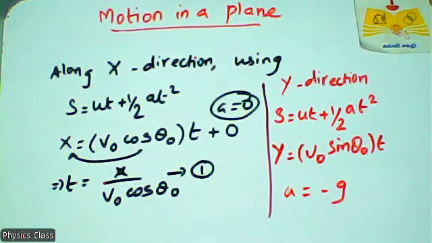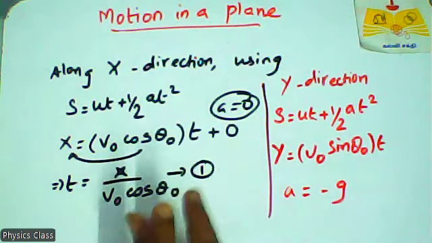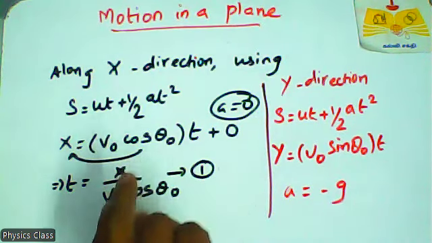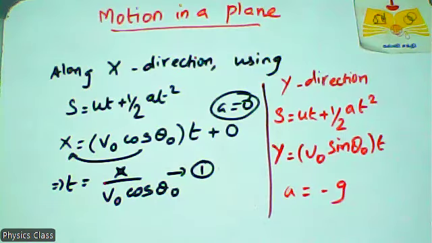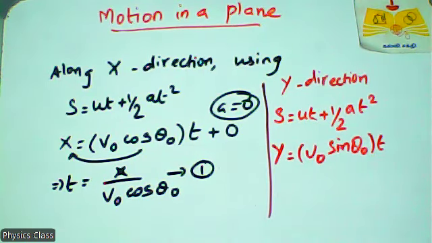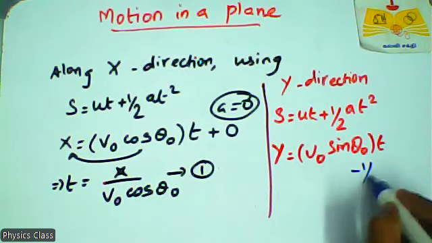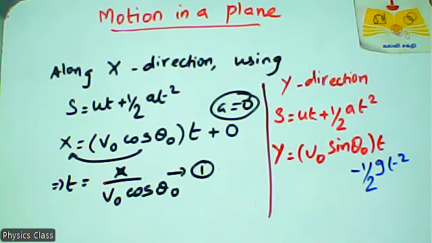Minus means opposite direction, since the object thrown from a position first goes up, against gravity. That's why we have minus ½gt².